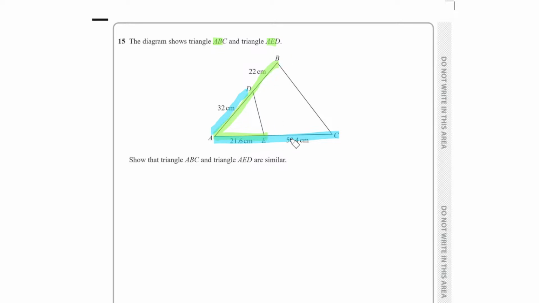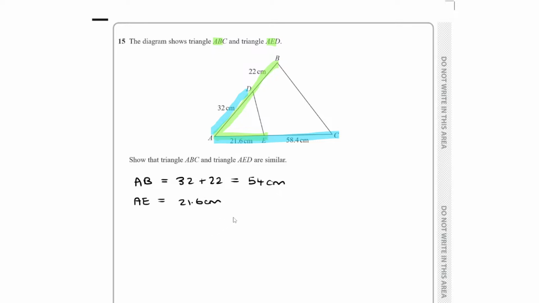So I would add together both just to find the whole size of AC and the whole size of AB. You could start with that anyway, even if you're not really sure what to do. That one's 32 plus 22, just to find the whole length, which is obviously 54. And then that one is compared with AE, 21.6.